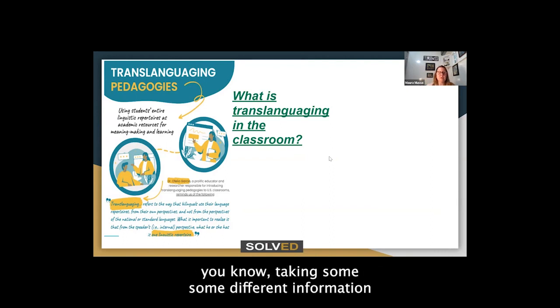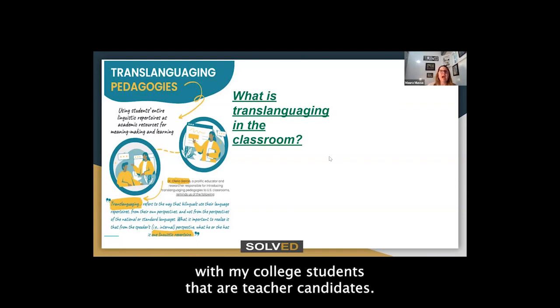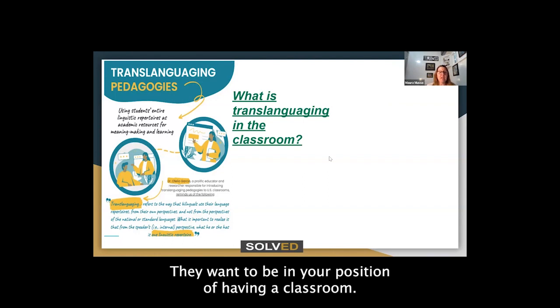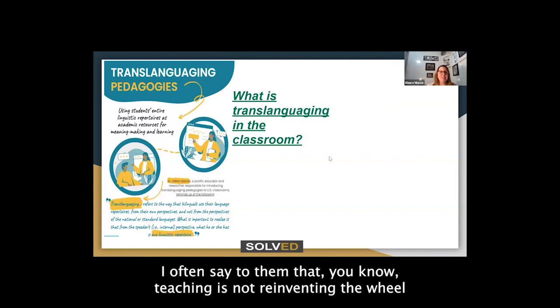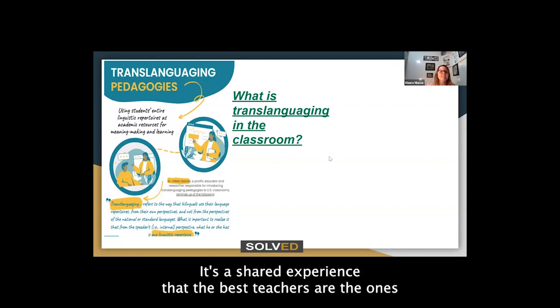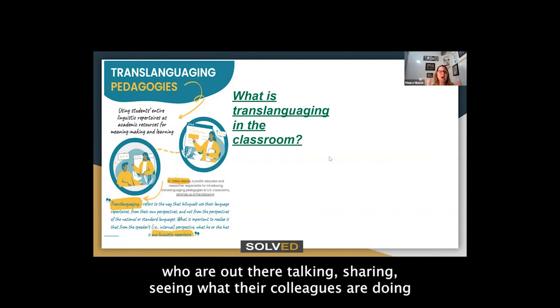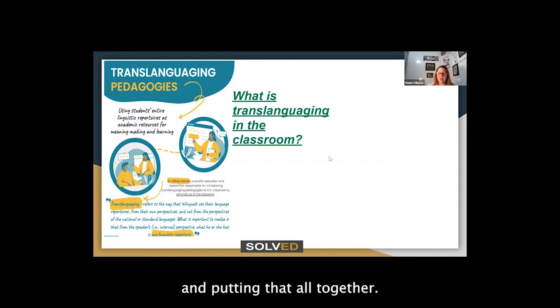With my college students who are teacher candidates and want to be in your position of having a classroom, I often say that teaching is not reinventing the wheel over and over again. It's a shared experience. The best teachers are the ones who are out there talking, sharing, seeing what their colleagues are doing, and putting that all together. So these are some really great ideas.